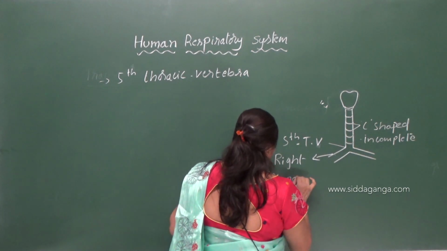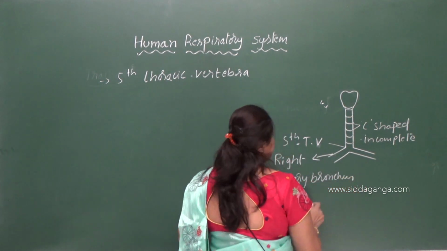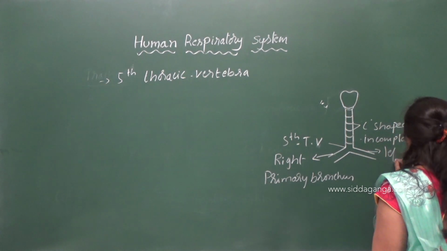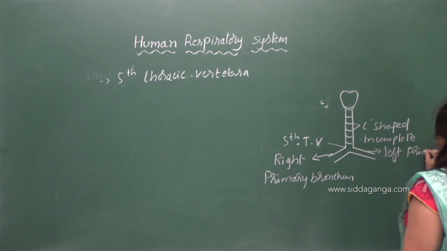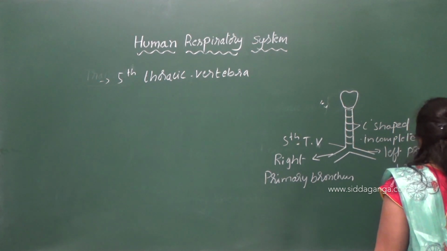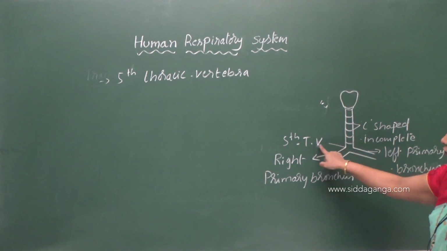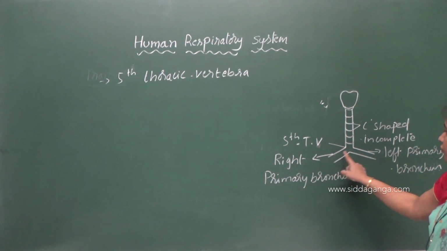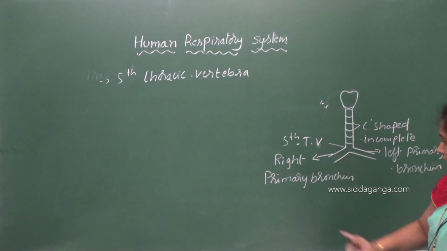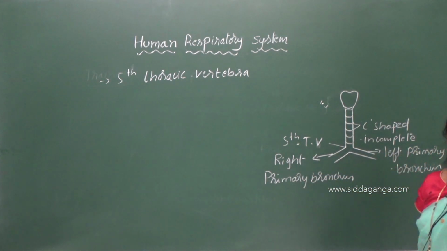This is the right primary bronchus, and this is the left primary bronchus. So when the trachea comes to the level of the fifth thoracic vertebra, it divides into two branches called primary bronchi.